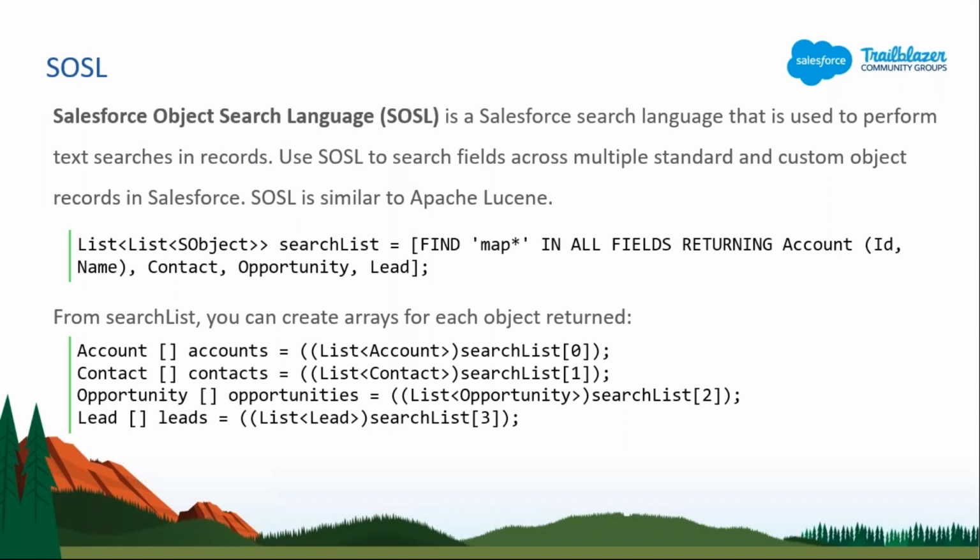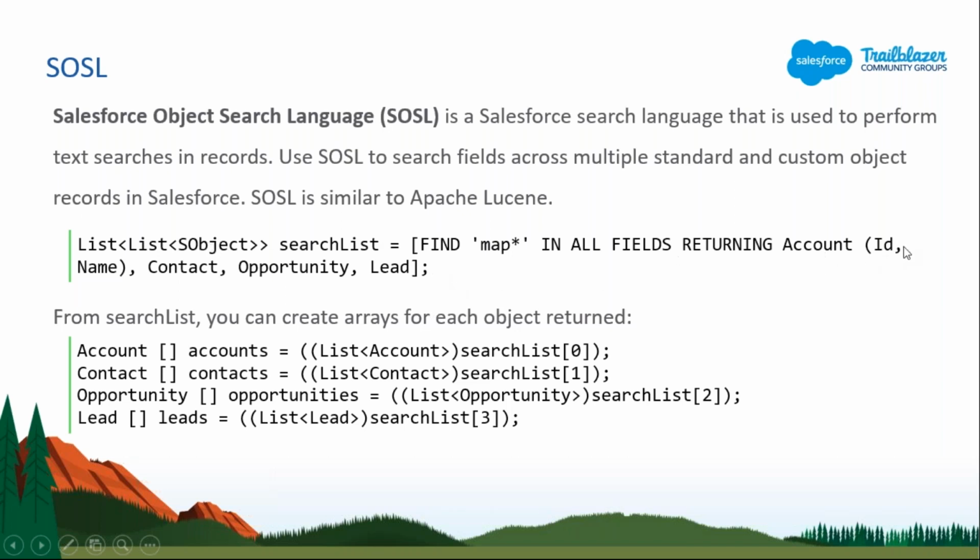If you have to mention RETURNING, where you are going to search, you can give all the object names. You don't know in which object this map resides, whether in account, contact, opportunity or lead, so you give all the object names, separated by a comma. Here I have used ID and name, but if you don't want to use them, it will return all the fields.